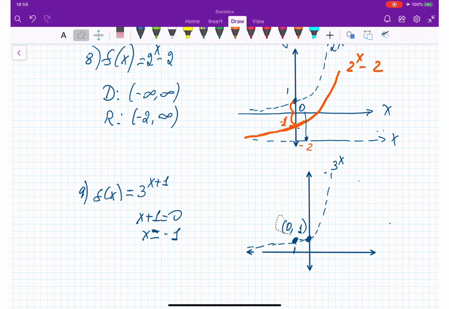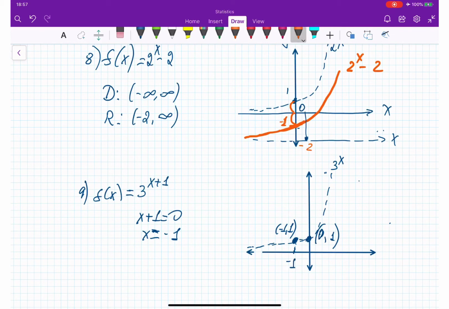Let me move this one and clean this one. So what do we get? My point is shifted by negative 1, because x shifted and my x is 0 here. Then we're going to have negative 1 and 1, because this is negative 1 and this one we have already here.